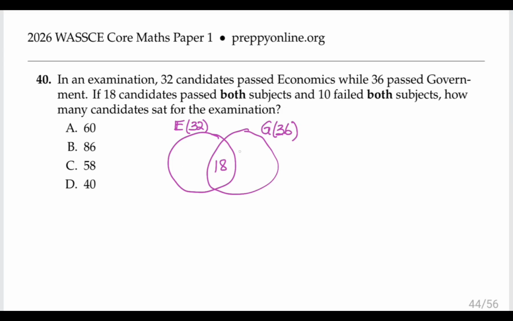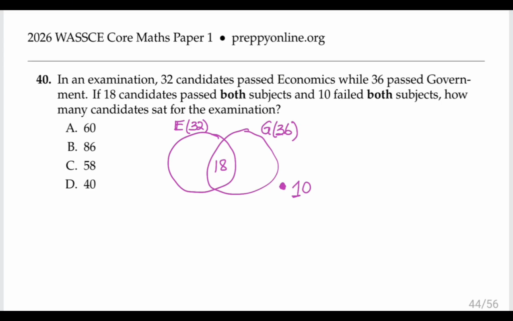Those who passed both economics and government, 18 candidates or students. All right. We are also told that 10 failed. So somewhere outside those who passed economics and those who passed government, we have some 10 candidates who failed both subjects. And the question is now, how many candidates sat for the examination?